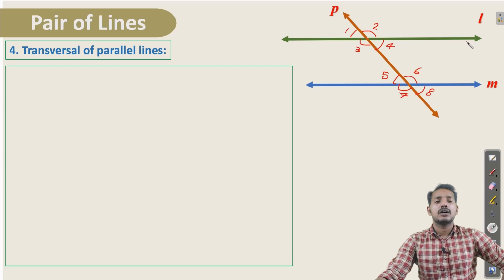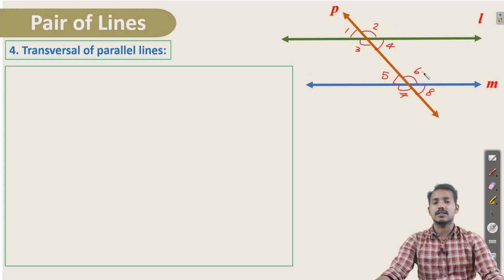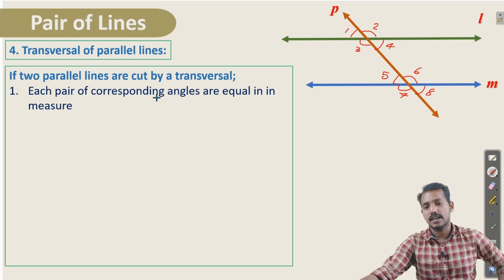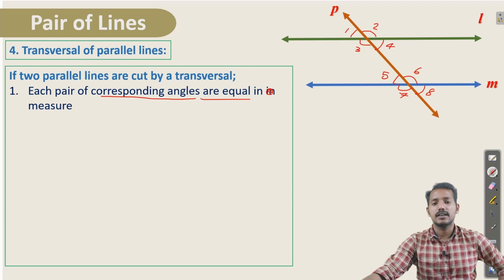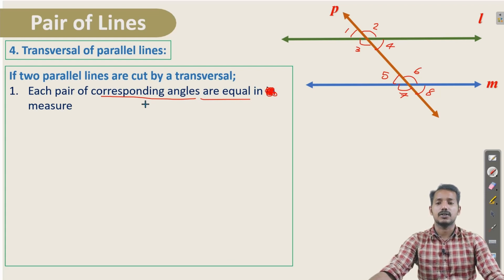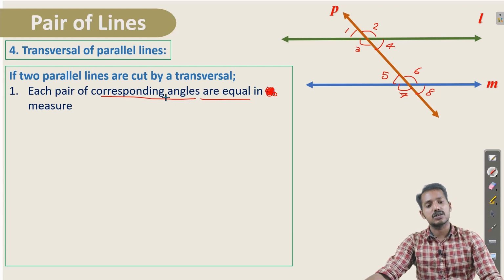These two lines are intersected by a transversal line P and form 8 angles. Let's see the properties. First property is that if two parallel lines are cut by a transversal, then each pair of corresponding angles are equal in measure. That means their measure is equal.